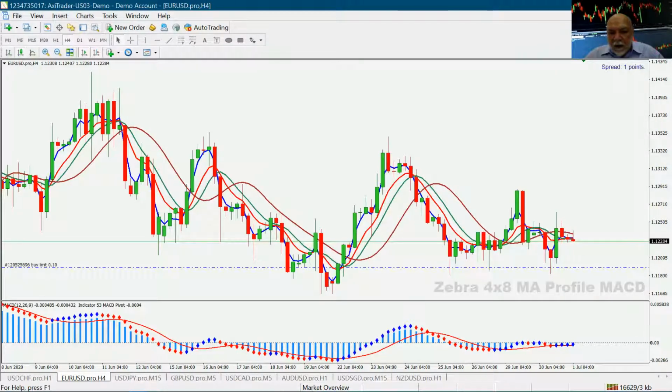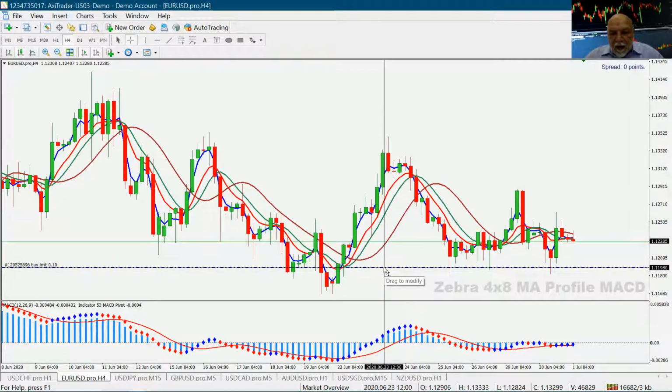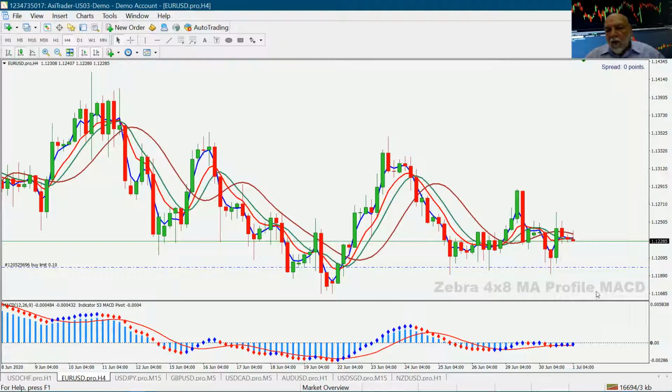Here's the buy limit, and here's our target. From the buy limit to the target will be about 80 pips, and from the buy limit we're about 30 pips down. So let's set up the bracket order.